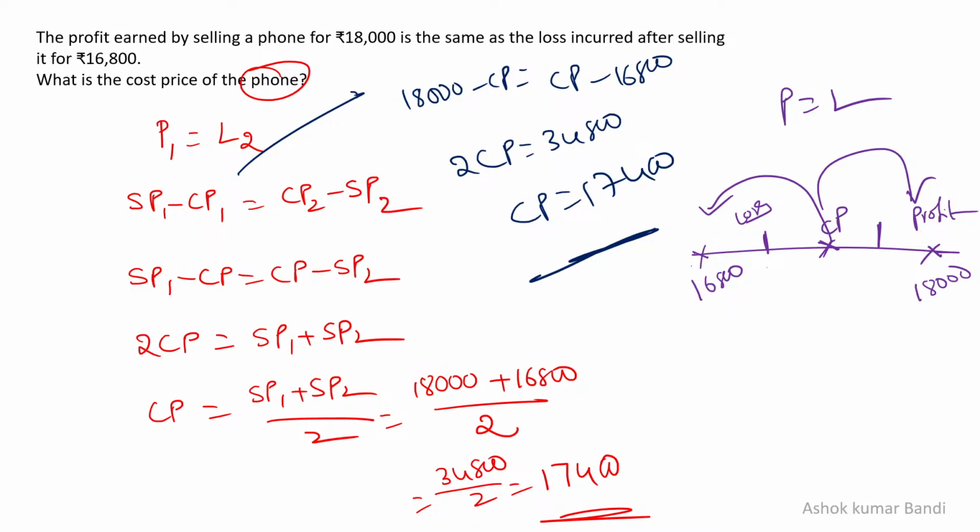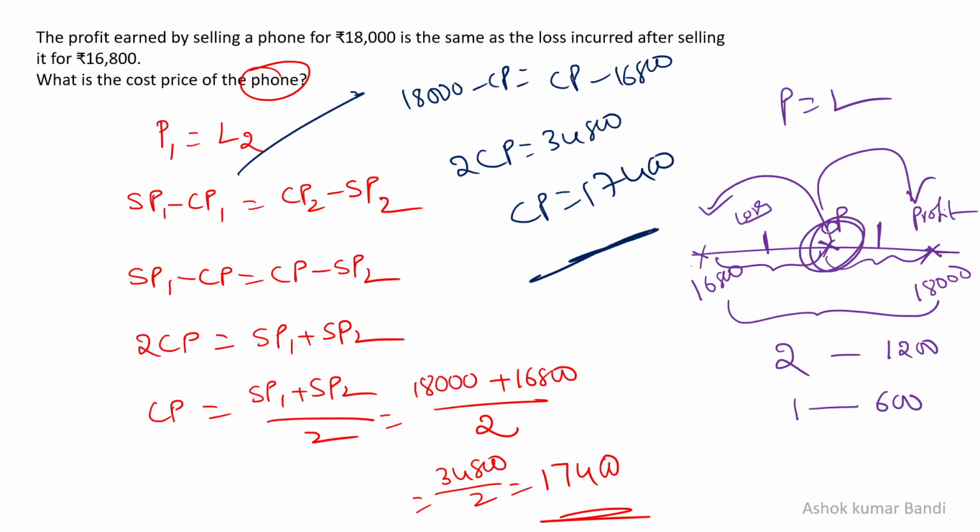Now how much gap is there from here to here? 16,800 to 18,000. You are going to have a 1,200 gap. But how many units gap is there? This is 1 unit and this is 1 unit. So 2 units. If 2 units is 1,200, I can say 1 unit equals 600.